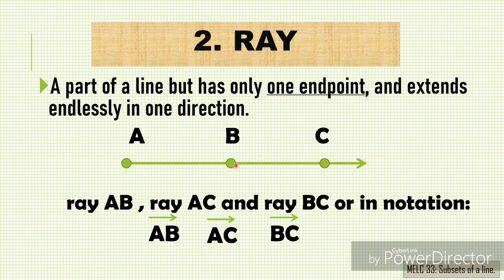Tapos yung second name natin dyan ay B. Alam natin na yung portion na ito ay na-extend. So, hindi pwedeng BA yan. Mali yung pagpangalan na ray BA kasi yung B is not the endpoint. Yung A ay hindi yung portion na na-extend, yung second name, no? So, hindi pwedeng baligtarin yan. Hindi katulad ng line segment, pwedeng mabaligtad yun eh.